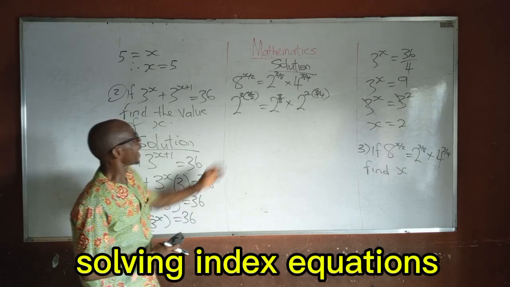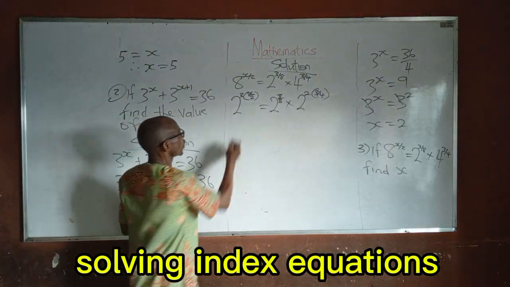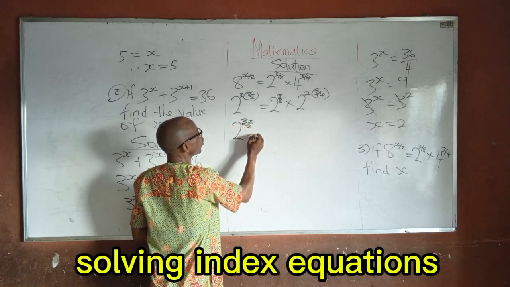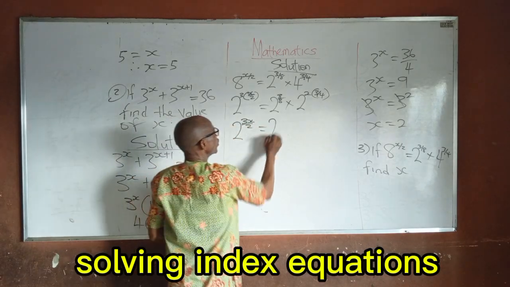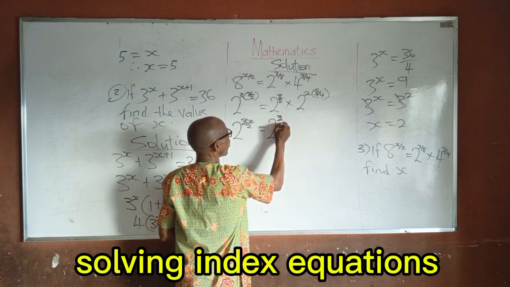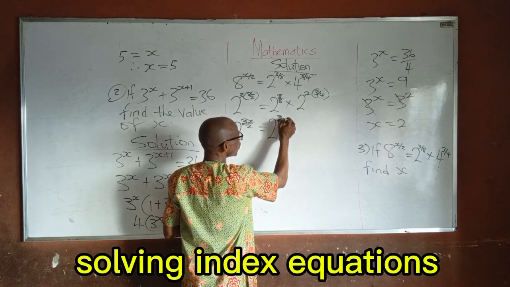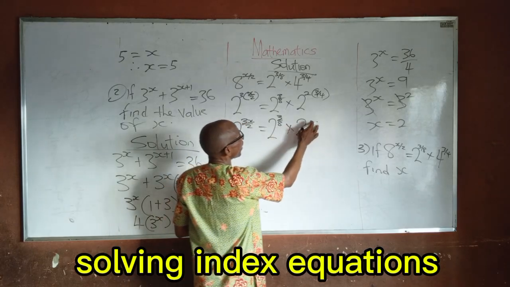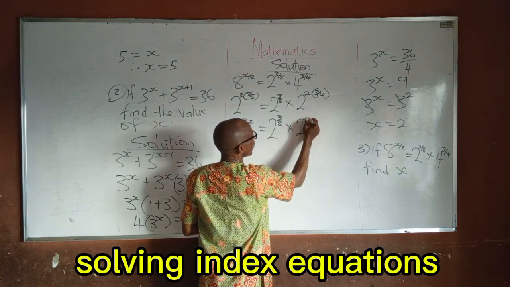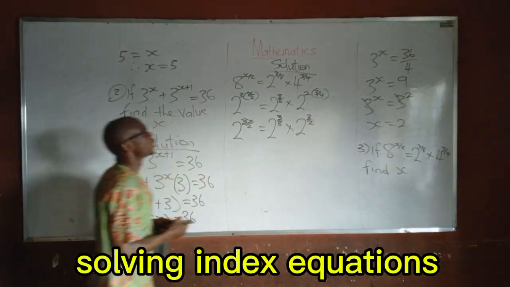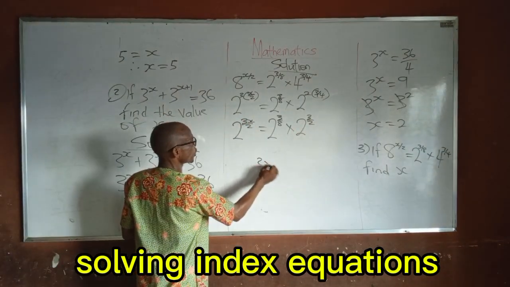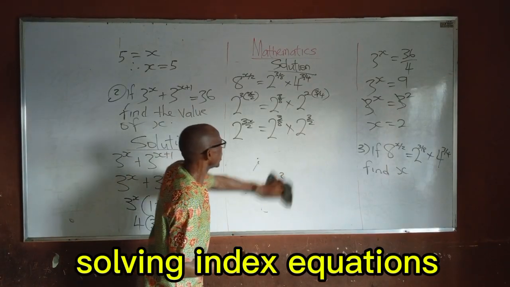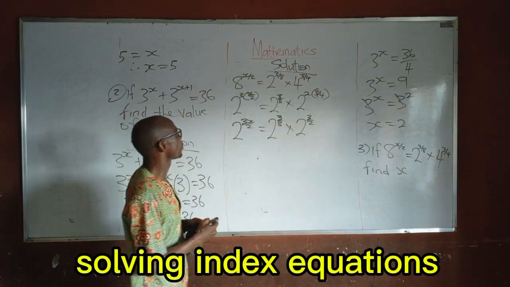Now these 2 can cancel here. We now have 3 over 2. That becomes our new value.